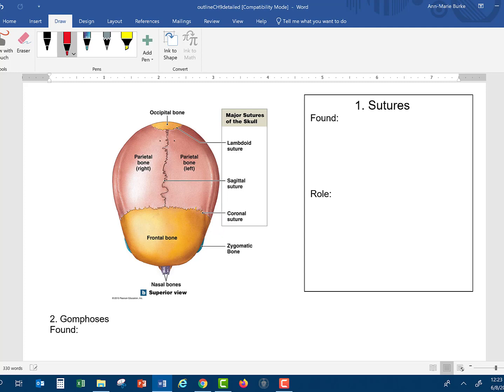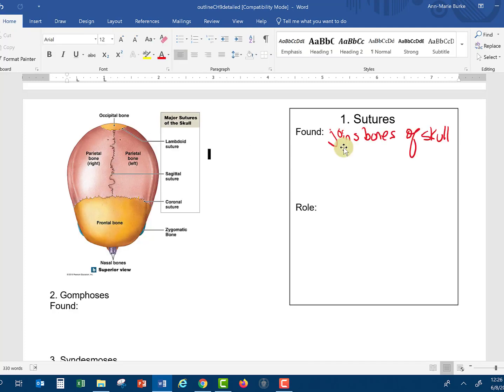The first type is a suture. Sutures join the bones of the skull. They are often called seams because they look kind of like the seams that people use when they're sewing, and these are immovable joints. Let's take a look at this picture on the left. When you do the axial skeleton lab, you will see these sutures.